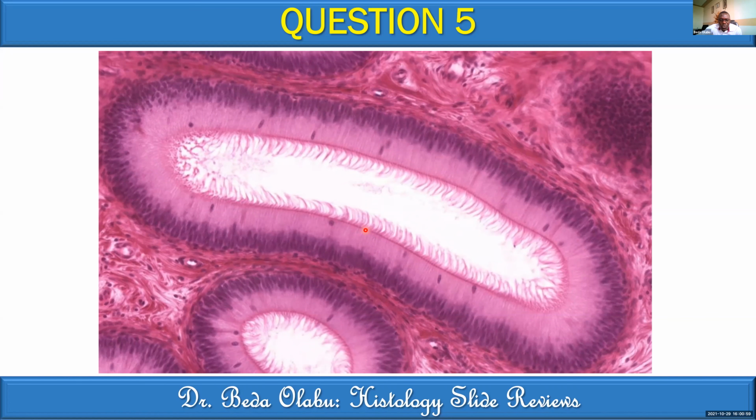So this is pseudostratified. So, Doc, I hope that answers your question of how you distinguish between pseudostratified and stratified. Is that okay, Doc? Yes, it's okay. I actually missed that explanation. No problem.